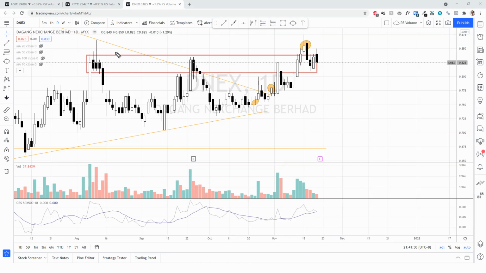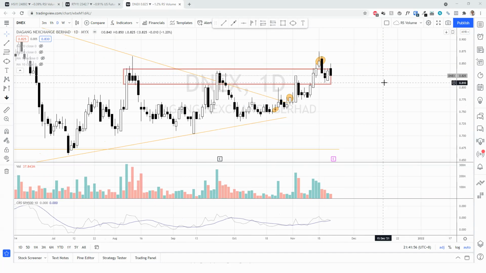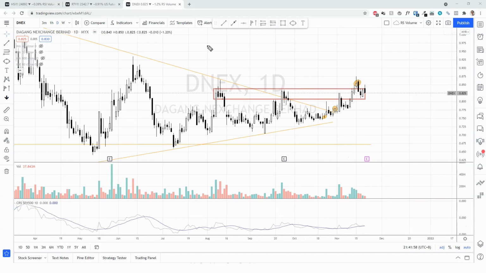In terms of the supply zone that I boxed up, if we look at the past, this is the first time, second time, maybe the third time, fourth time. So we have a reaction here, another reaction, a third reaction.